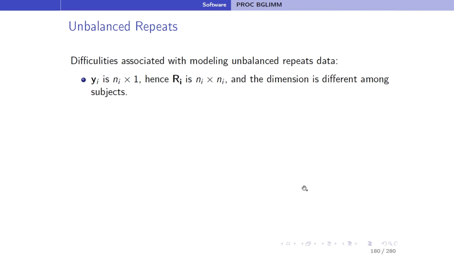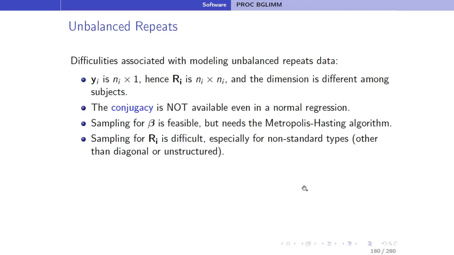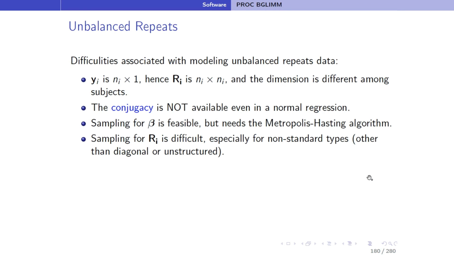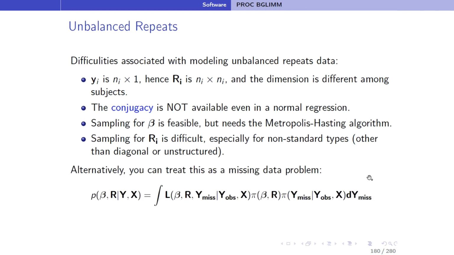The difficulty associated with modeling unbalanced repeated measurements is that the dimension changes. For example, for the first person y is 3, for the second person y is 2. In this case, y1 has 4 dimensions, y2 has only 3 dimensions. And conjugacy typically is not available in regression, so it gets complicated. The alternative approach is to assume that we have a missing data problem.